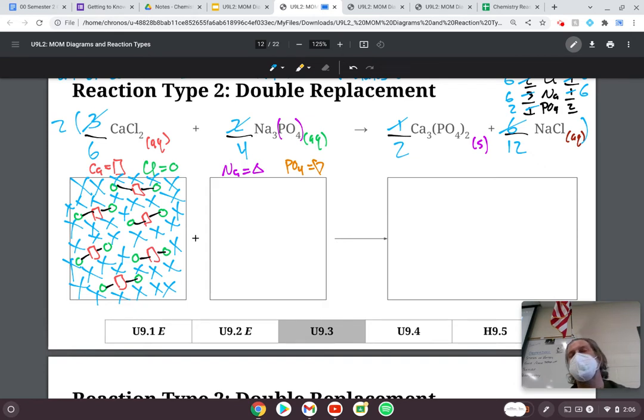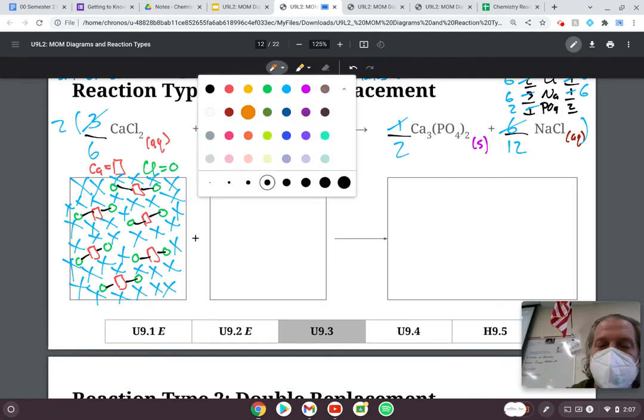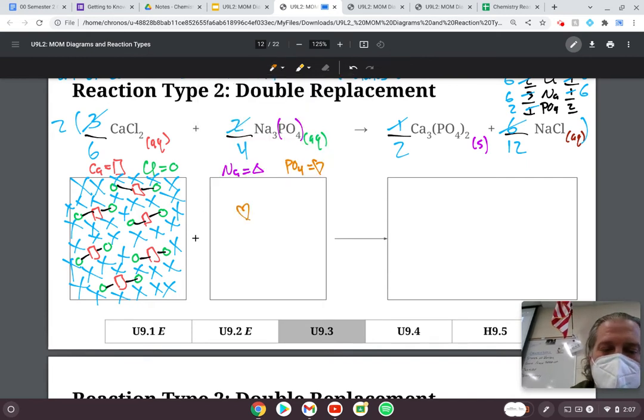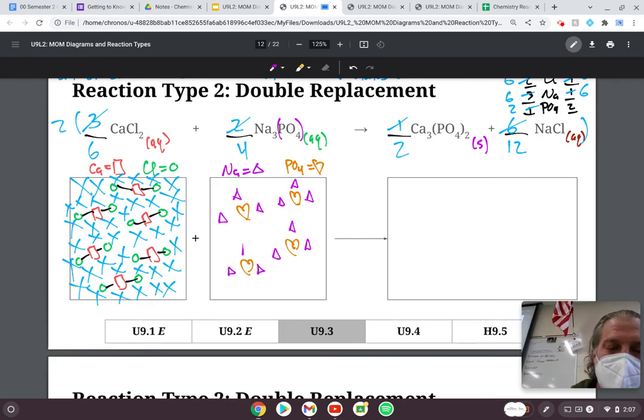Okay, and now I need to do the same thing with my sodium and my phosphate. In this case, I take a look at sodium phosphate and I see that it's a 3-to-1 ratio. So I'm going to make the 1 be my center part. So I'm going to do heart, heart, heart, heart. And to that, I'm going to add some triangles. In this case, it looks like I need to add 3 triangles each. Going to draw a bond or a line to show that they're connected.